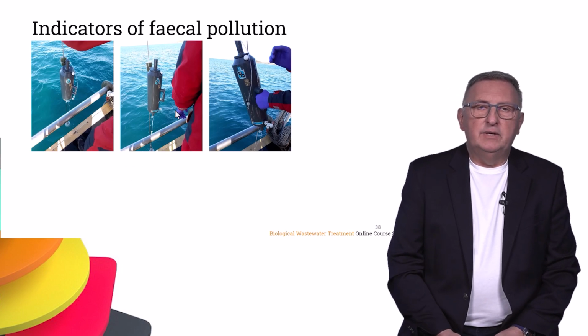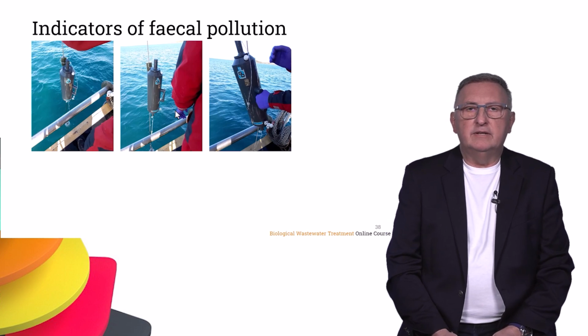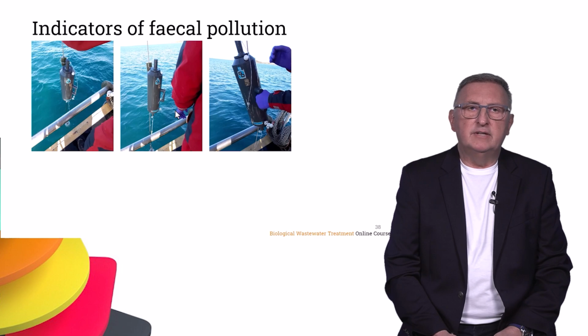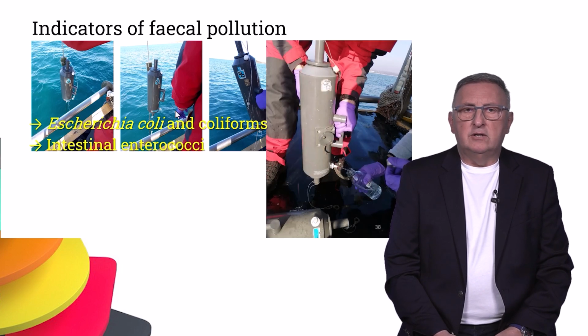For that, we really used state-of-the-art equipment, samplers which can take seawater samples at different depths, and we were looking in this particular case only for indicators of fecal pollution: Escherichia coli, coliforms, and intestinal enterococci.